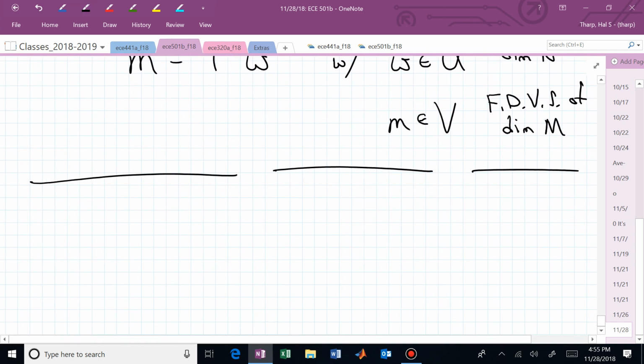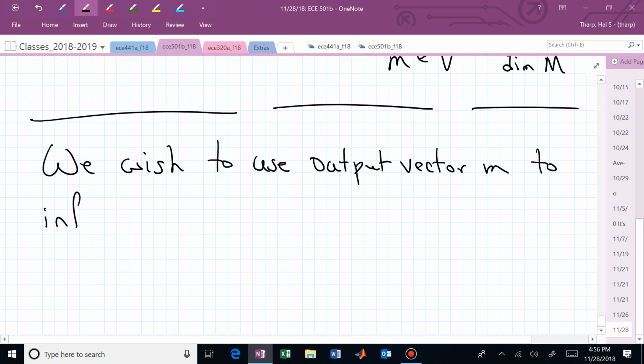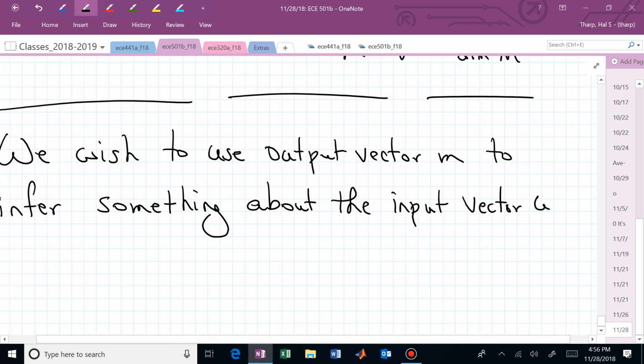So we wish to use this output vector M to infer something about the input vector W.